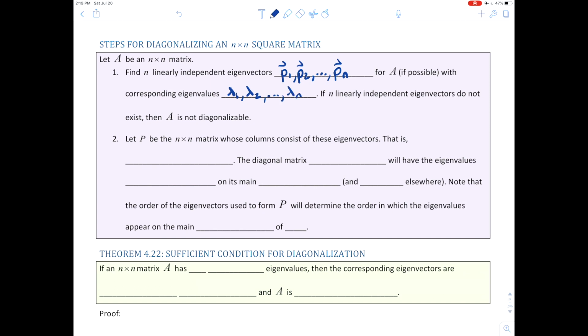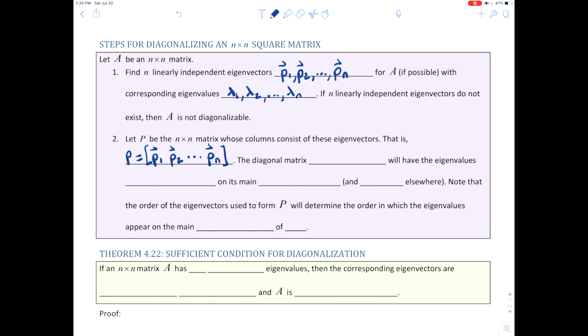If n linearly independent eigenvectors do not exist, then A is not diagonalizable. Now don't confuse eigenvalues with eigenvectors. It has to be n linearly independent eigenvectors. So then you let P be the n by n matrix whose columns consist of these eigenvectors. So P will equal P1, P2, all the way down to Pn.